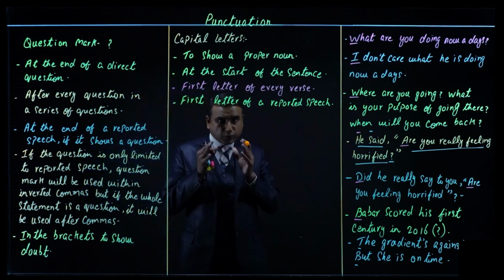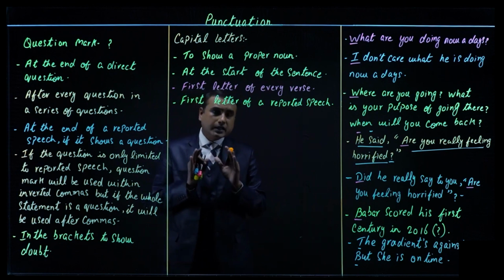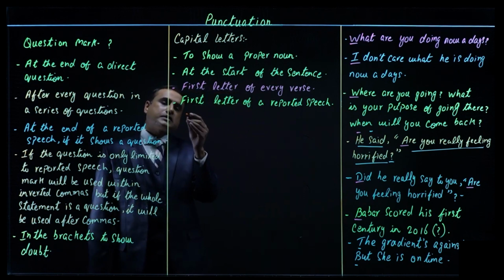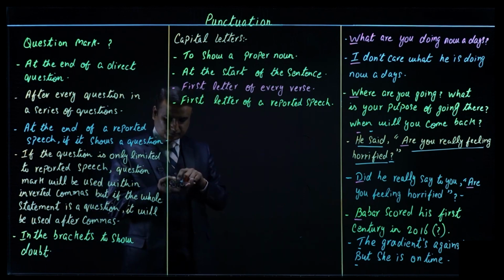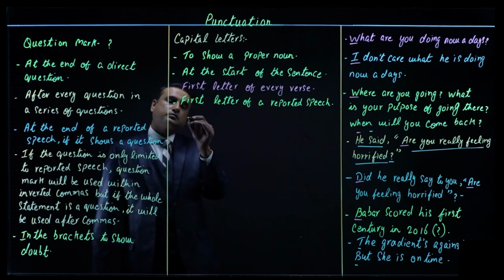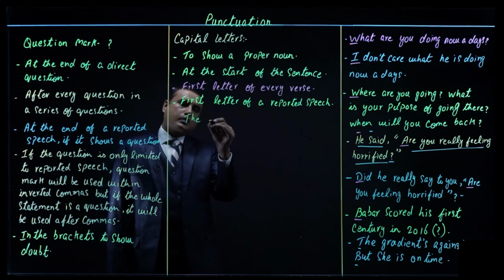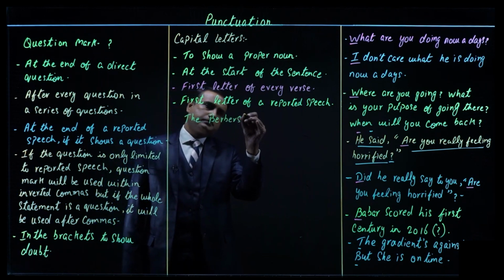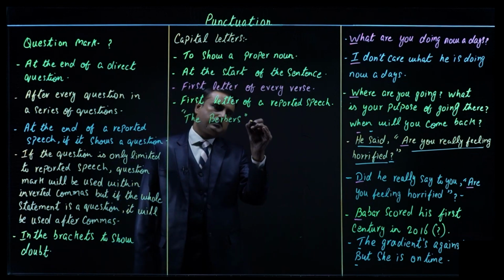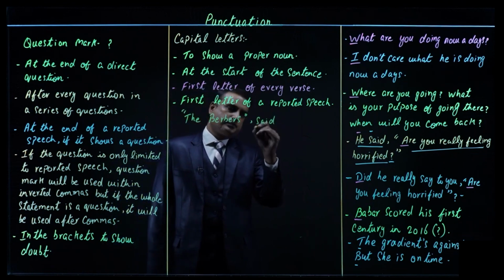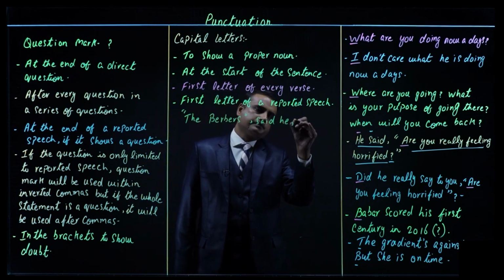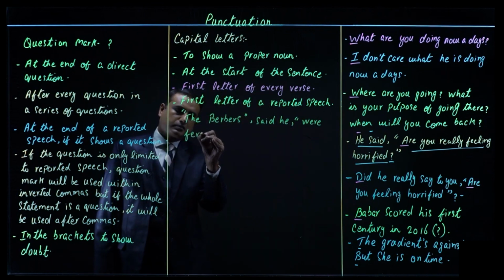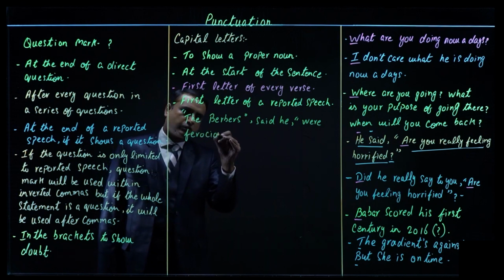If the reporting speech is used in the middle of the sentence, then the remaining part will not start with a capital letter. For example, if I say the Berbers said he were ferocious.